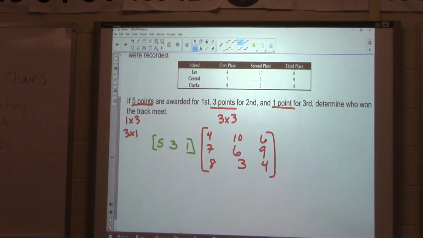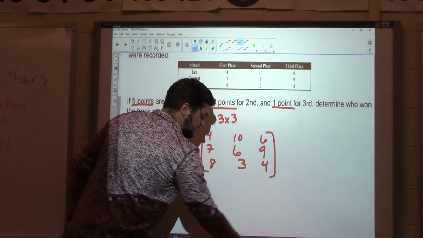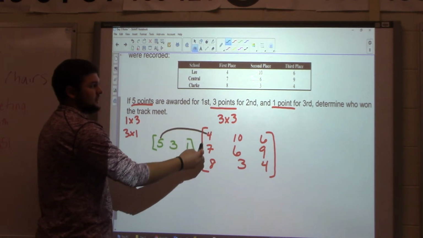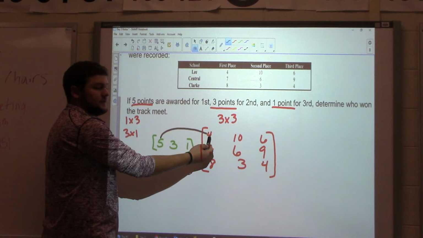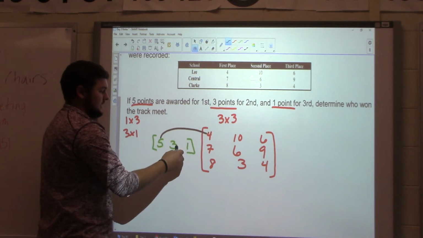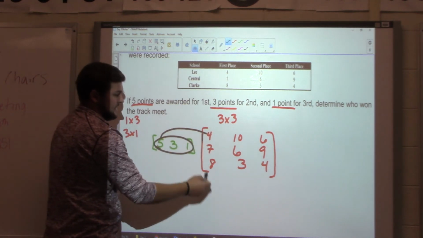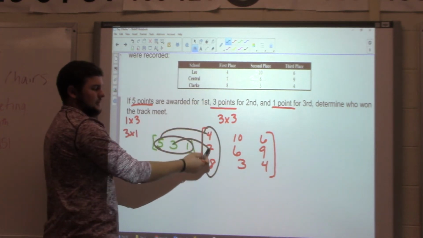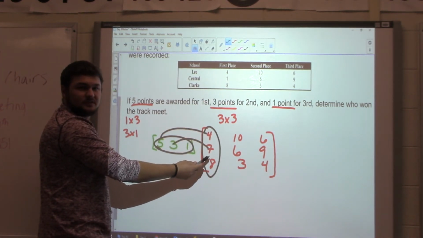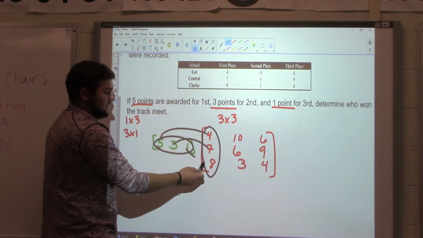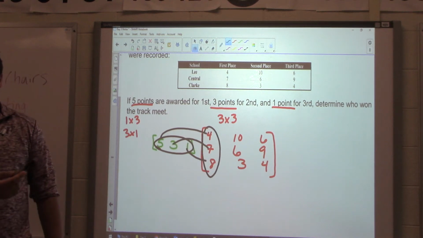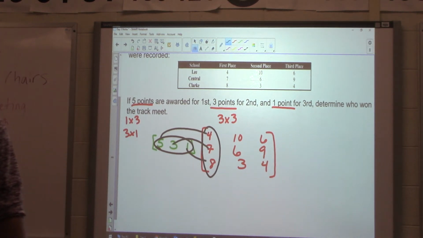If I do that, and I go to multiply it by hand, I'm going to take 5 times 4, which means Lee gets 5 points for their first place finishes. And I'm going to take, because remember it's row by column, 3 times 7, which means Central gets 3 points for its first place finishes. And then I'm going to take 1 times 8, so that means Clark gets 1 point for its first place finishes. Is that right? Does that make sense?